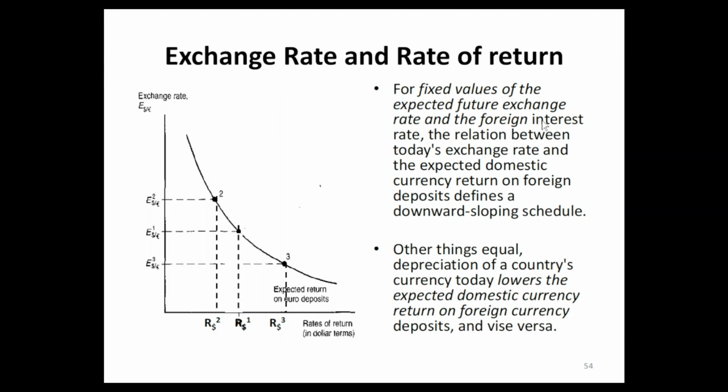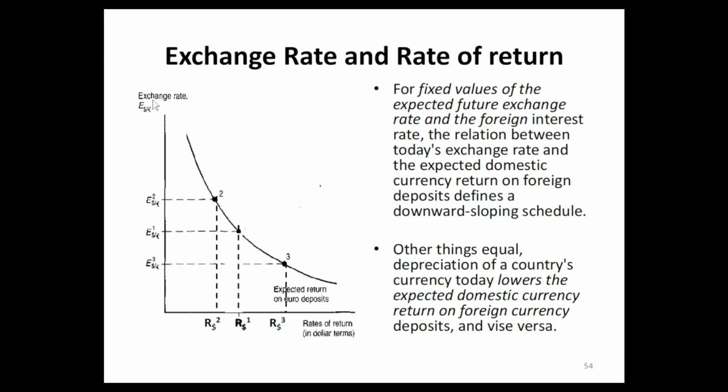for a fixed value of the expected future exchange rate and the foreign interest rate, the relation between today's exchange rate and the expected domestic currency return on a foreign deposit defines a downward sloping schedule, right? Expected return on the euro deposit.